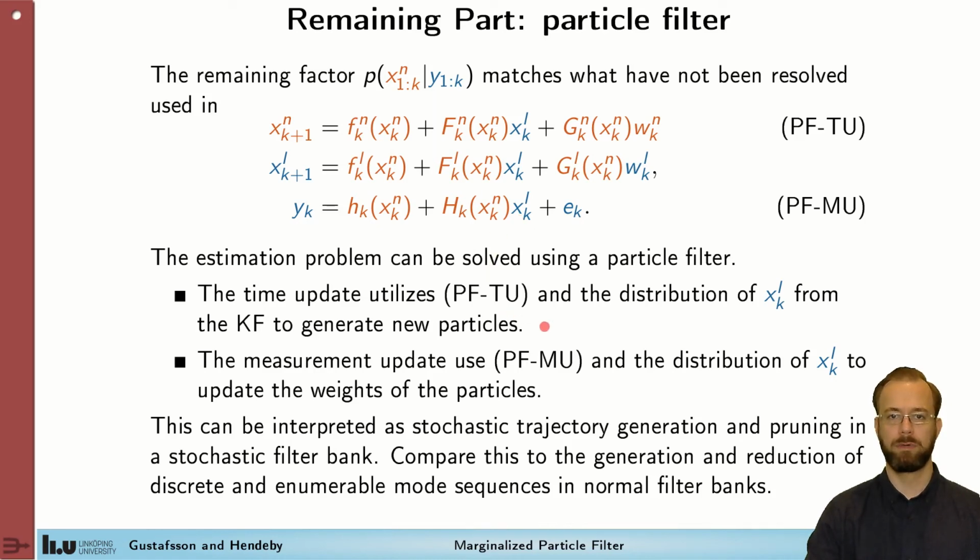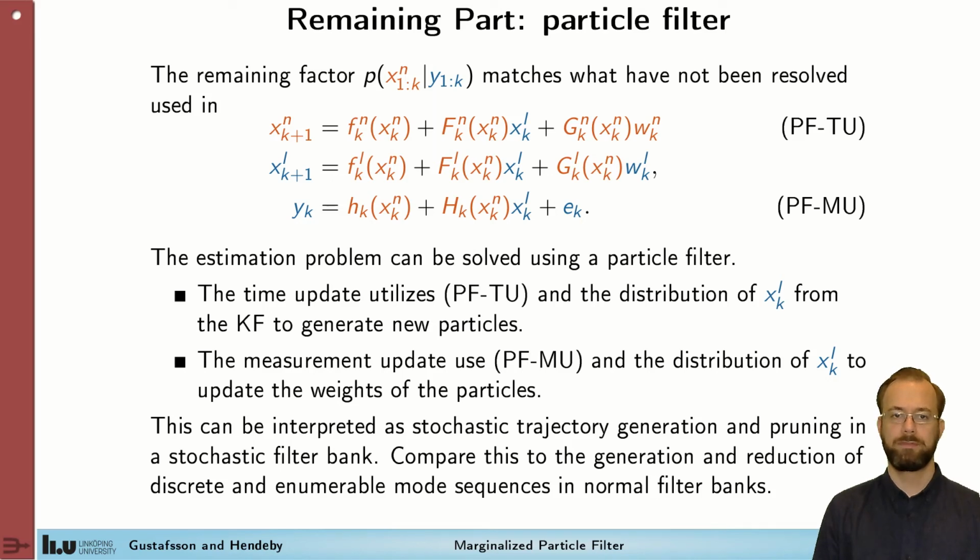So we can make a normal time update with the PFTU equation. We utilize the distribution from the Kalman filters. We can then make a measurement update using this PFMU equation, and then perform normal resampling when necessary. Note that the resampling of course chooses the matching Kalman filters with the particles.